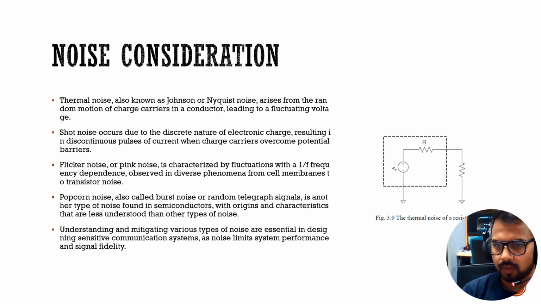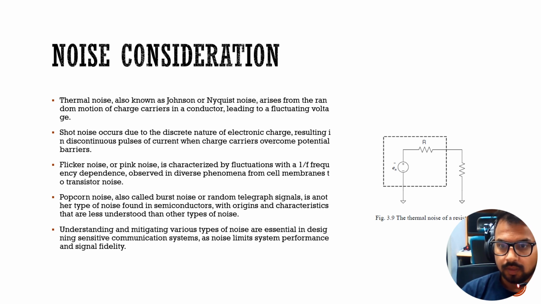So there are many noise considerations. One of them is thermal noise. Thermal noise, also known as Johnson-Nyquist noise, arises from the random motion of charge carriers in conductors, leading to fluctuating voltage. Shot noise occurs due to the discrete nature of electric charge, resulting in discontinuous pulses of current when charge carriers overcome a potential barrier.